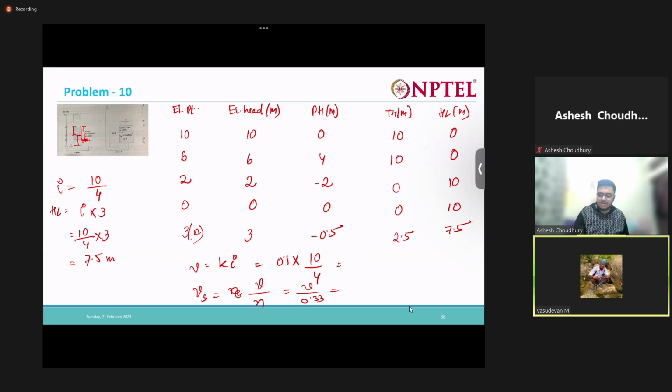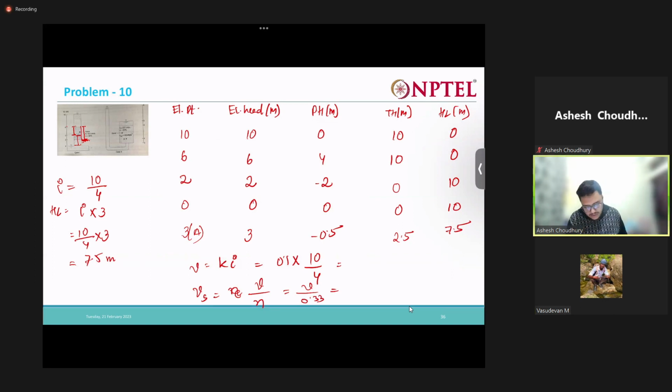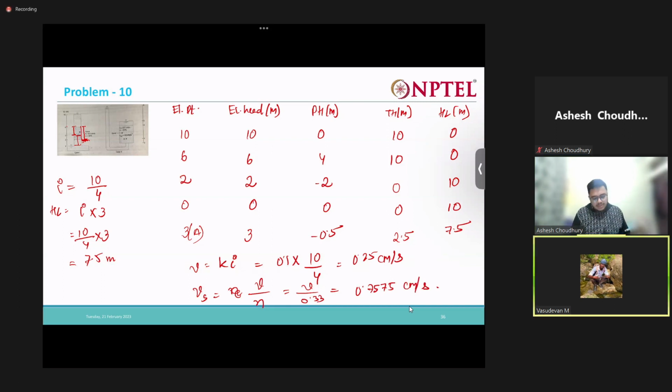So my superficial velocity will be 0.25 centimeter per second, and it will be 0.25 divided by 0.33, 0.7575 meter per second.